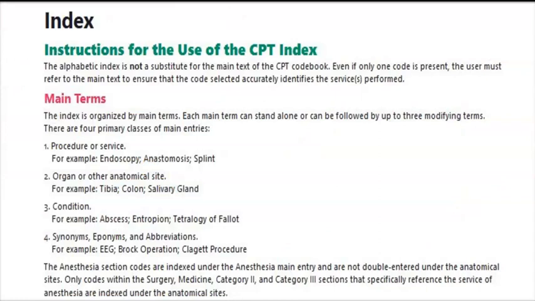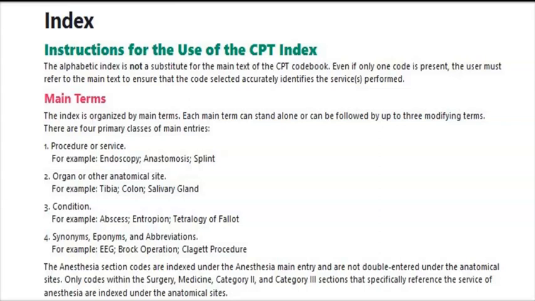Let's go through the steps of looking at the main terms in the index of the CPT coding manual. Familiarize yourself with the instructions for use of the CPT index because the main terms are located there.